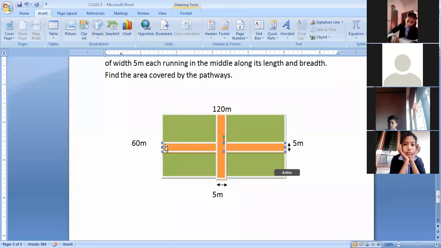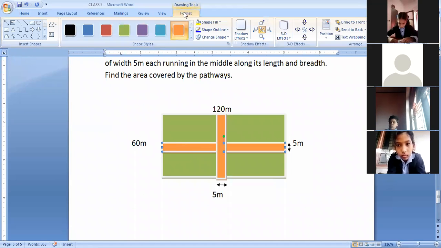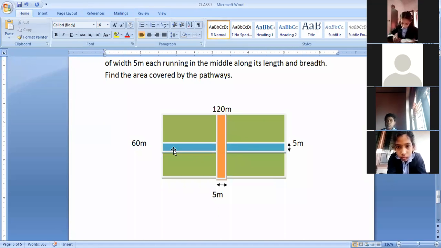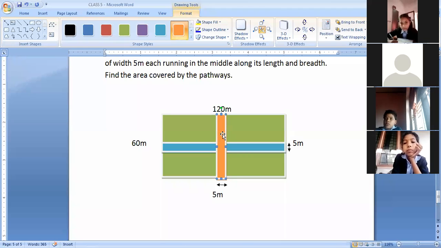Let me change this pathway to orange color, that will be better. You can see a pathway in blue color and a pathway in orange color. If we add the area of the orange pathway and the blue pathway, we will get the area of the pathways in that ground, right?